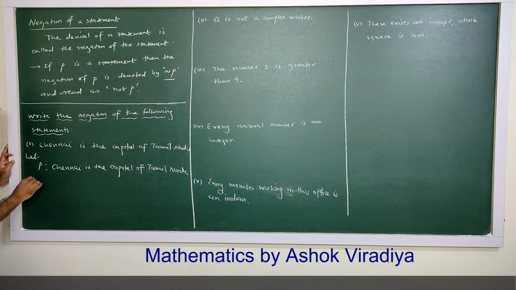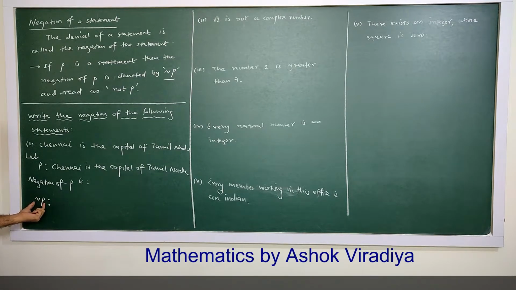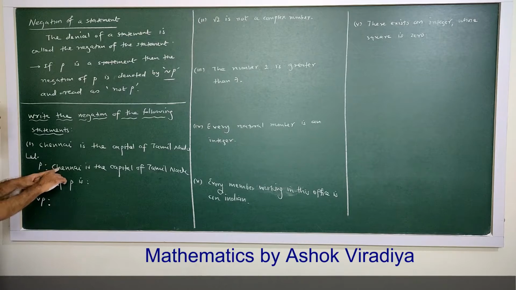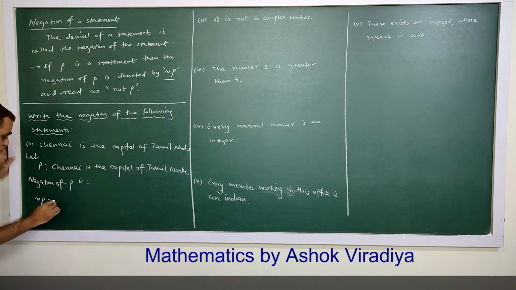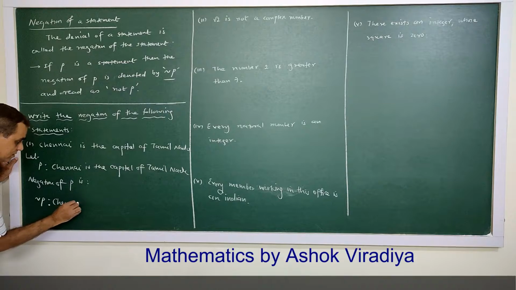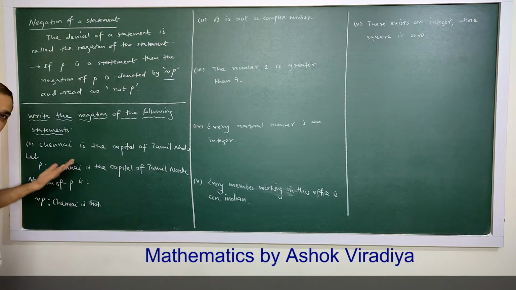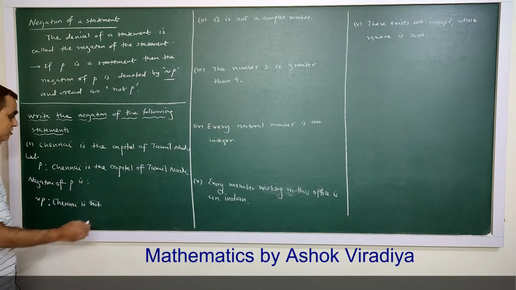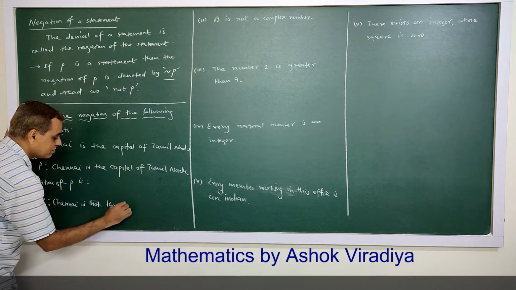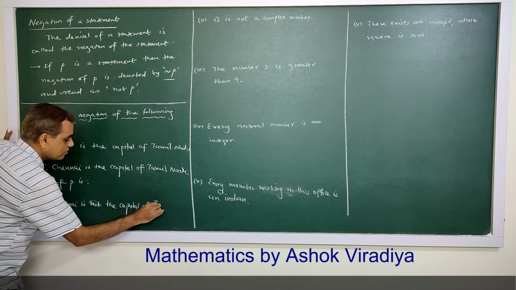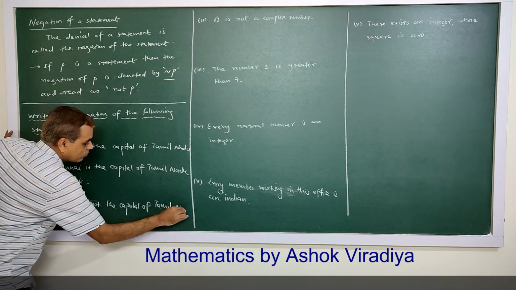So the negation of P is denoted as not P. The negation is: Chennai is not the capital of Tamil Nadu. Chennai is not, means we deny the statement.